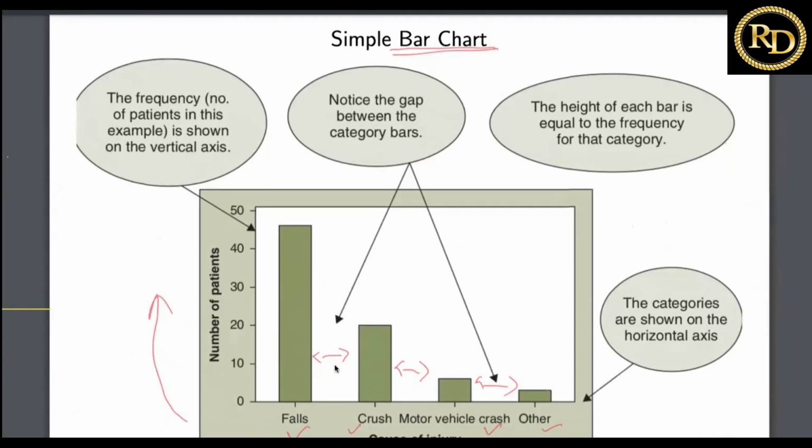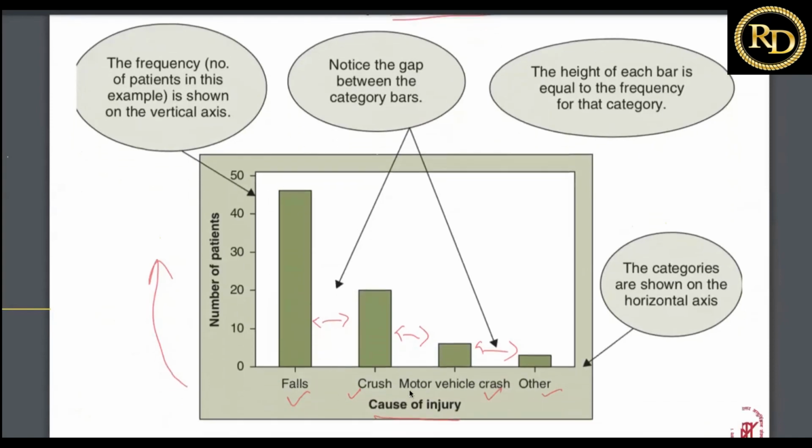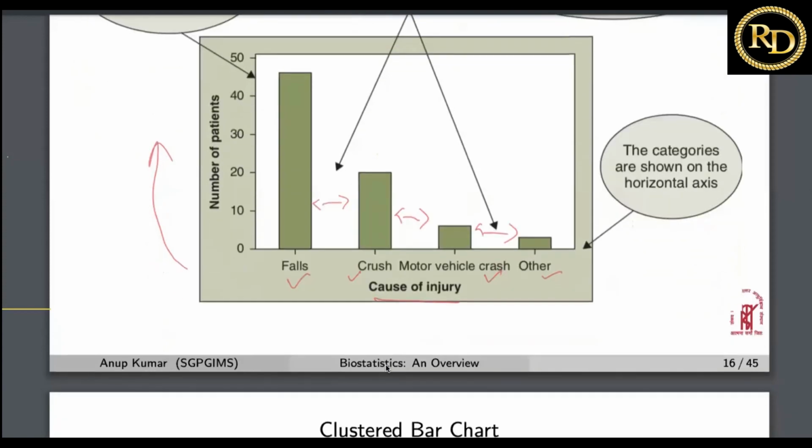So in the bar chart, what is the most important thing? On the x-axis, we have the different categories, and on the y-axis, we have its frequency. And you might see the gap between these bars. That's why it is termed a bar chart.